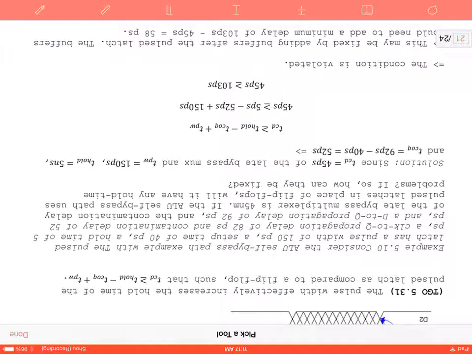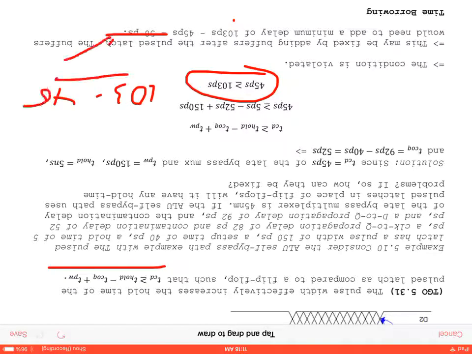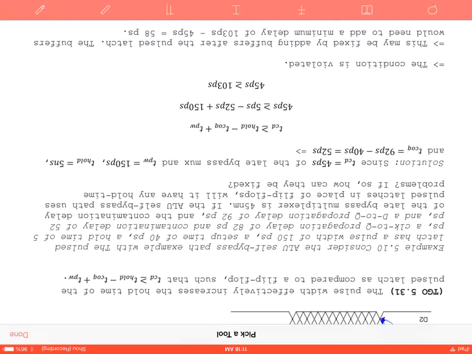Then we had this last problem where we're trying to replace this with a pulse latch, and we have a set of conditions. Will this condition work? In this particular problem, we figured out it did not work. So we added buffers to the pulse latch, and we had to figure out that 103 minus 45, the buffer had to be 58 picoseconds in order to work.